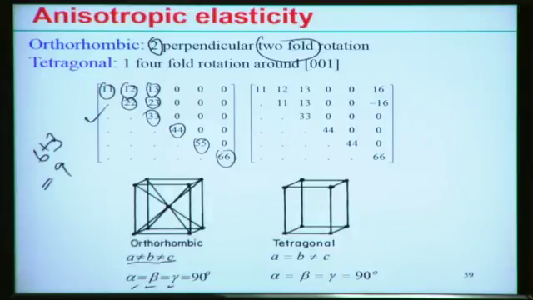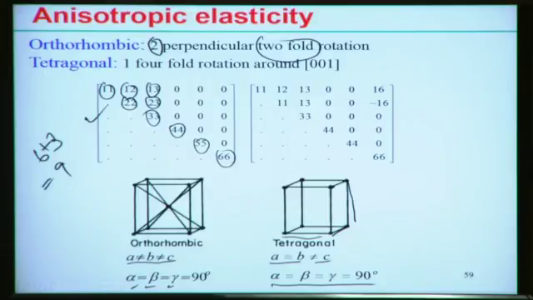Similarly, we can look into the tetragonal crystal structure. Here the typical structure is a equal to b, so with 2 lattice parameters, this edge and this edge are equal, but that is not equal to c. But alpha, beta, gamma are all 90 degrees, so with respect to the origin, all the edges are at 90 degrees.